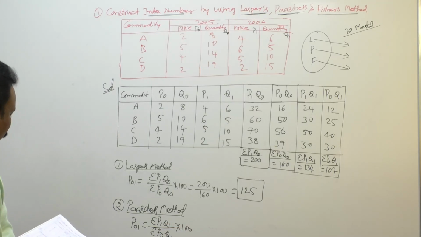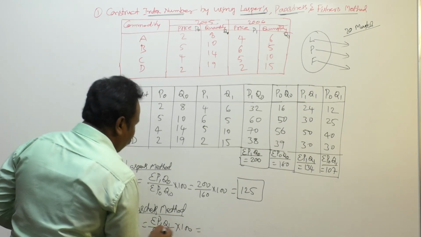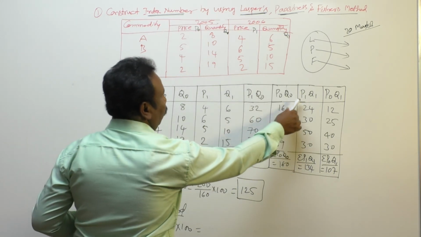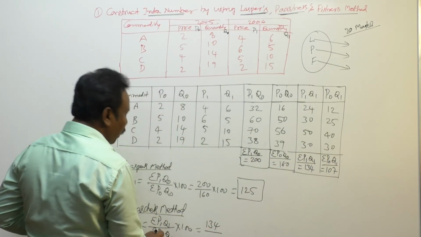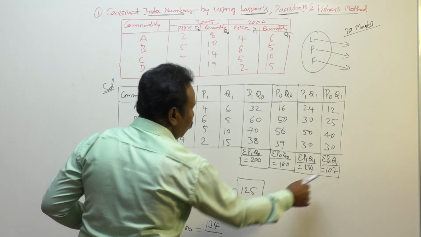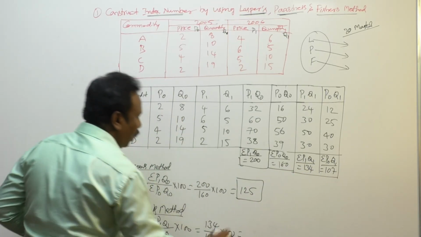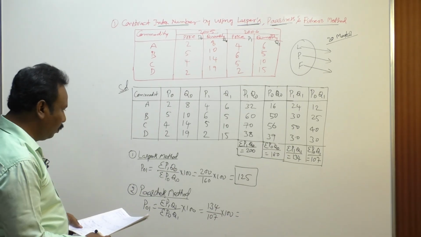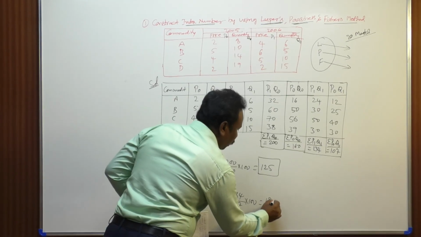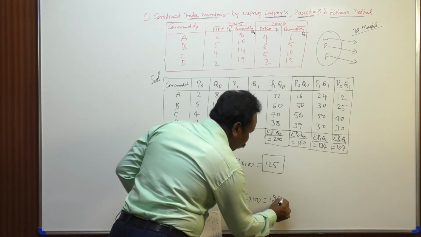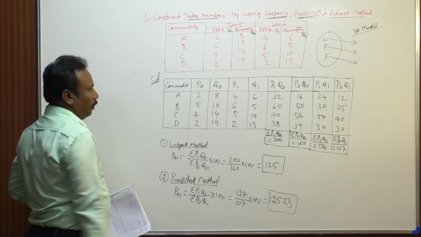Sigma P1 Q1 is 134, divided by sigma P0 Q1, which is 107, into 100. Simplify it, we will get 134 divided by 107 into 100. So 125.23 is the index value under Paasche's method.